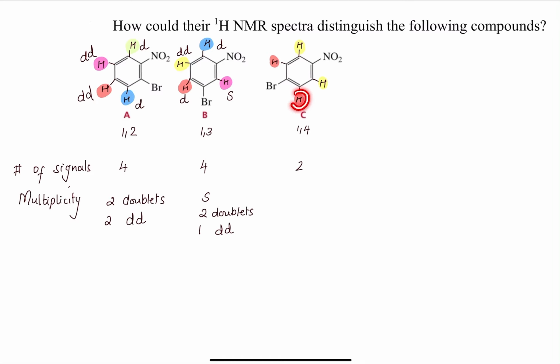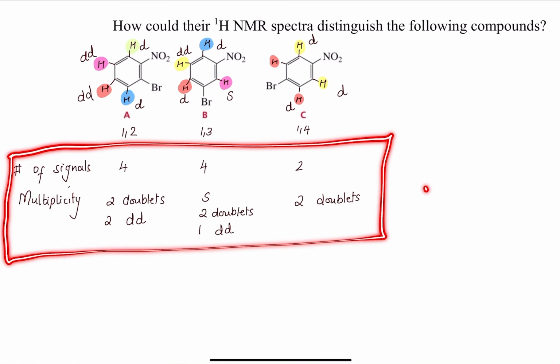These should also be split as a doublet because those are 2 equivalent protons, and this hydrogen should be split as a doublet. So in this case, you will only get 2 doublets, each of which is equivalent to 2 protons. So from this, we can definitely identify the 3 different constitutional isomers of bromonitrobenzene.